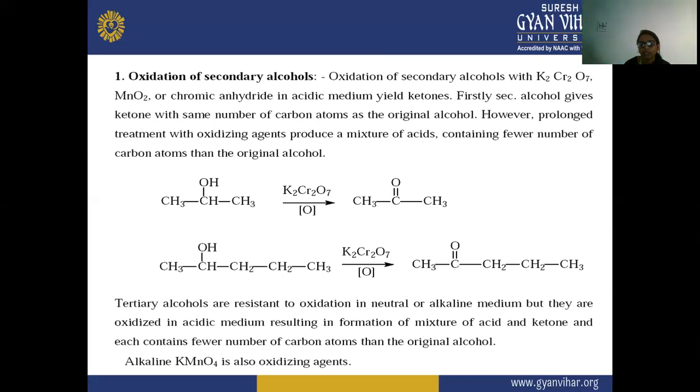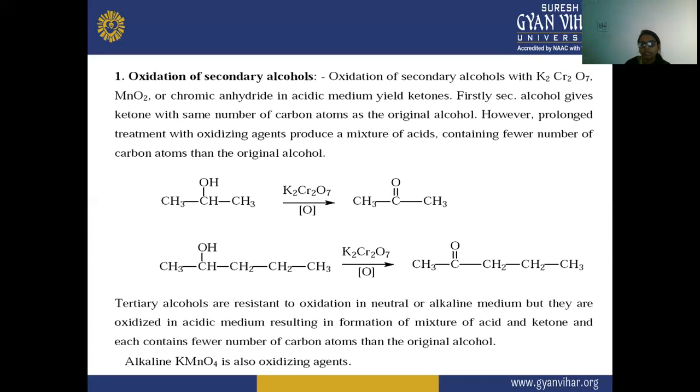This alcohol is oxidized in the presence of potassium dichromate and converted into the ketone. This can occur in the presence of the oxidizing agent potassium dichromate, or we can use MnO2 or chromic anhydride in acidic medium to yield our ketone.